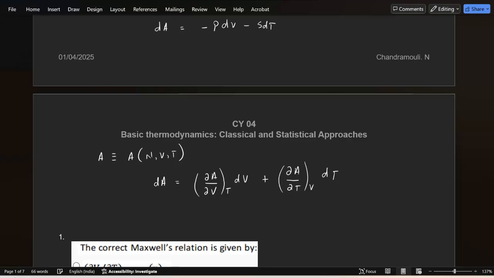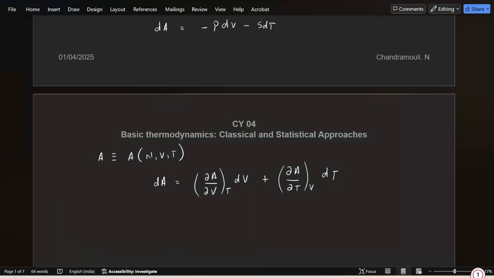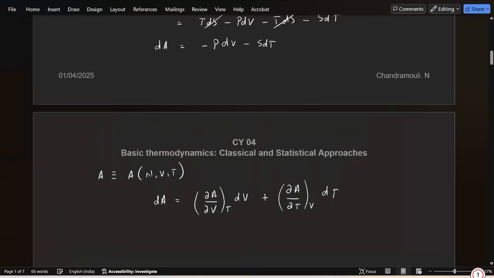All right. So now if you compare the above dA and the below dA, we can get a few other things. So dA by dV at constant temperature is going to be equal to minus P. Similarly, dA by dT at constant V is going to be equal to minus S. Okay.